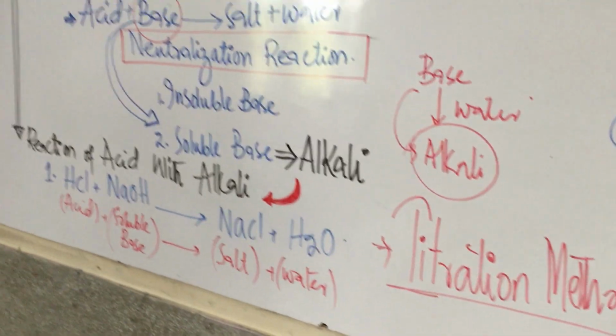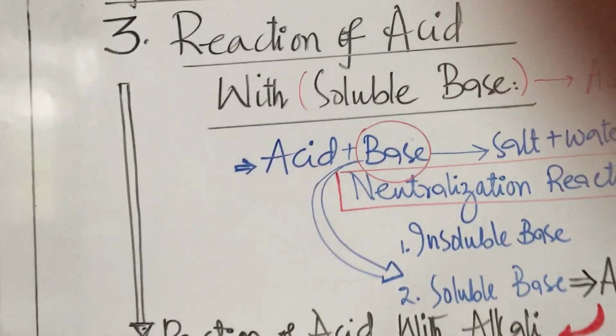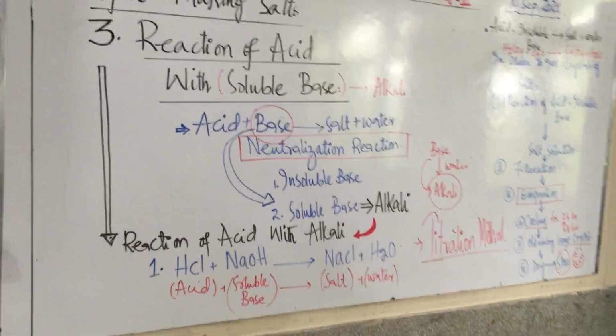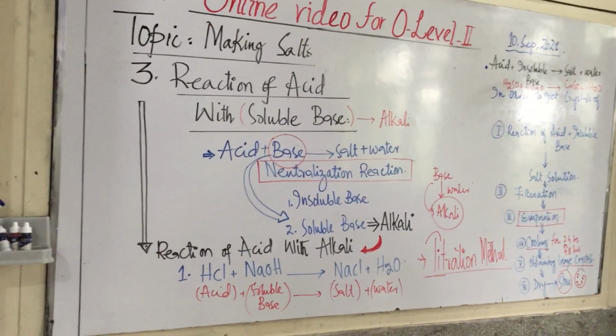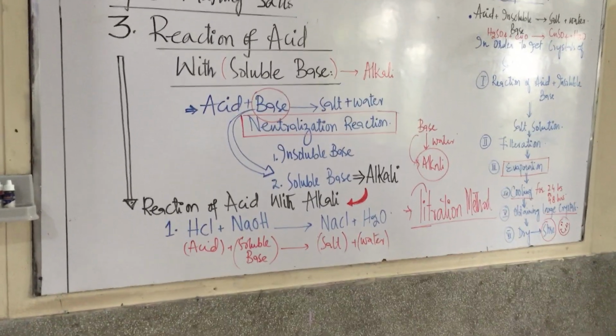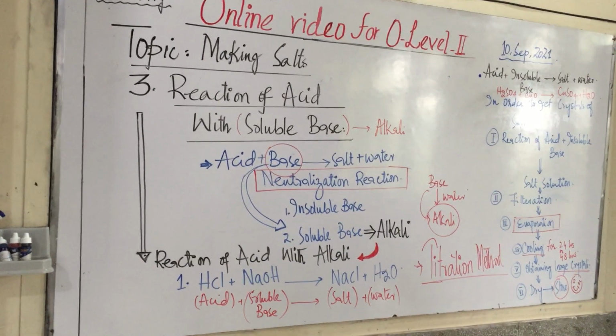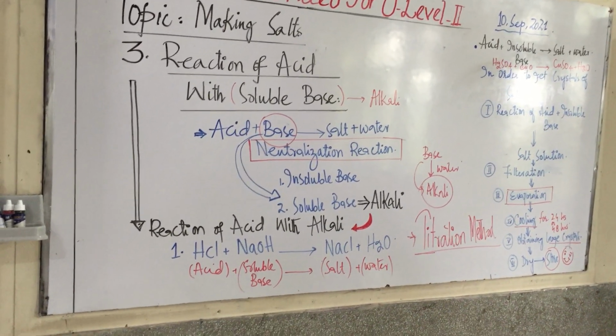So girls, this was all about today, and I'm going for a simple summary of what we have learned today. We have learned how to make salts, because salts are very common and have a diverse range of applications in our daily life. In order to get our salt, we can perform different kinds of reactions.